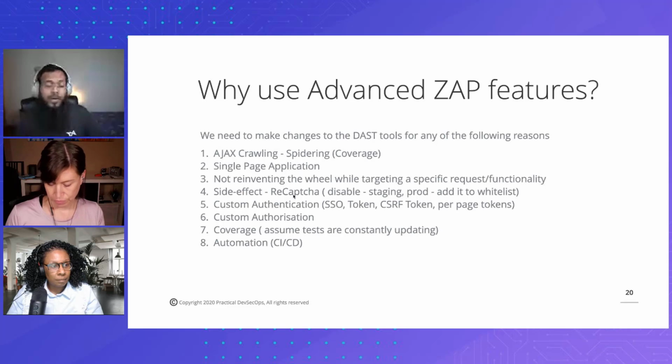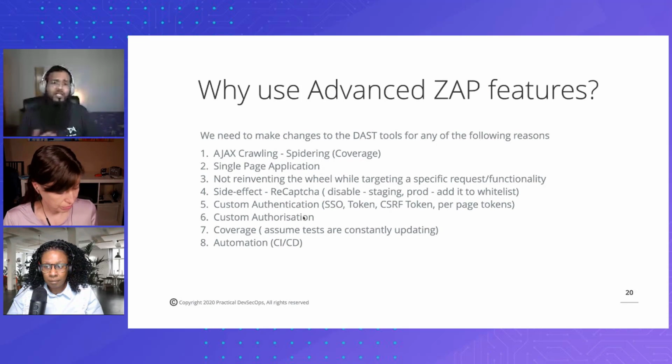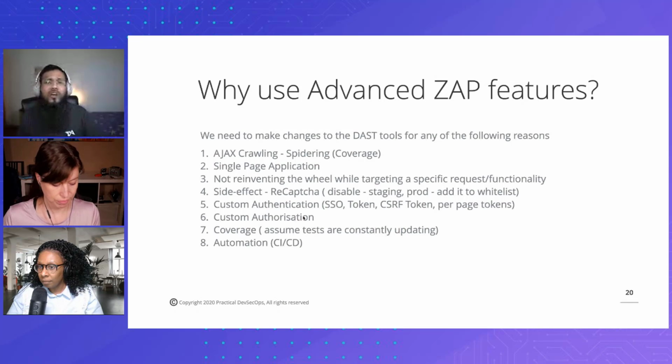So different use cases. Or maybe there is a custom authentication specific to your organization, not using JWT tokens or anything generally supported by your DAST tools, right? If there is a custom authorization and you want to figure that out, then you might want to write these custom plugins.